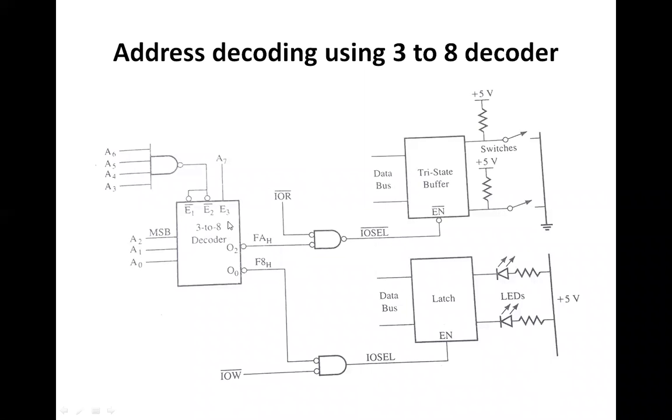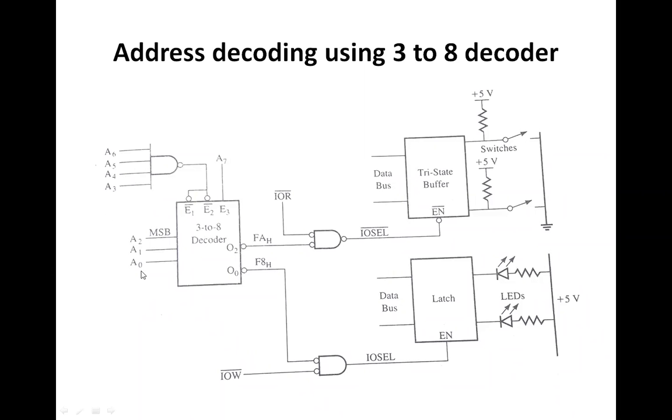In this, a 3 to 8 decoder is used along with a 4 input NAND gate to decode the address bus. The decoding of the address is the first step in interfacing the input output device.